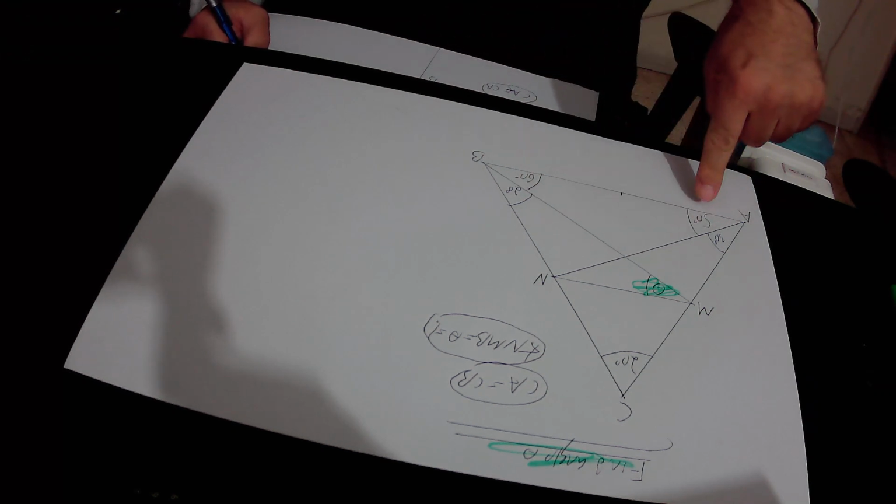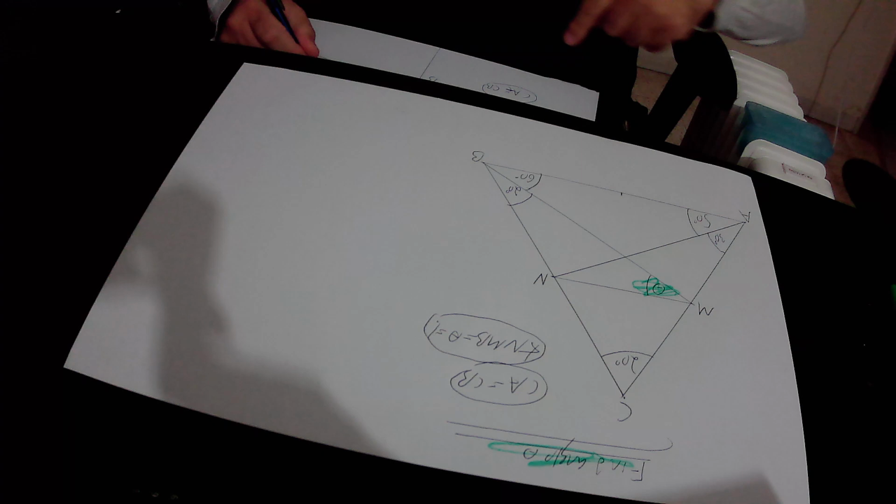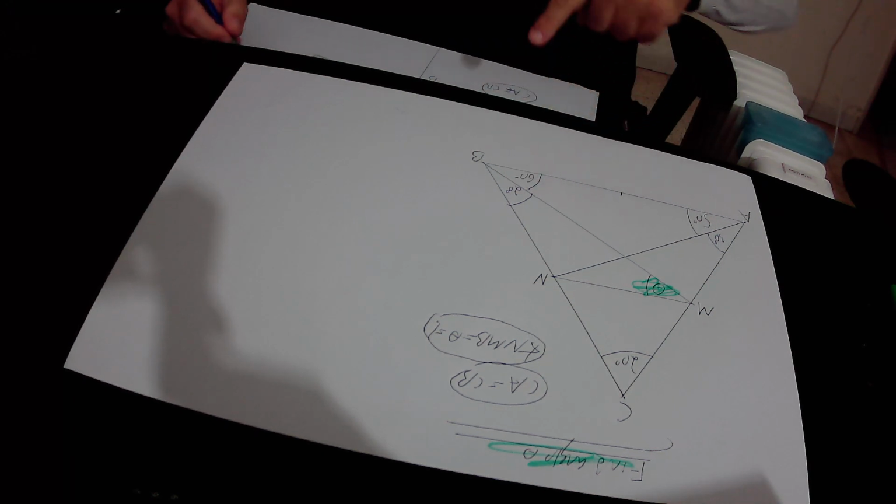Again, NAB equals 50 degrees in size, and this angle theta is equal to 80 degrees.